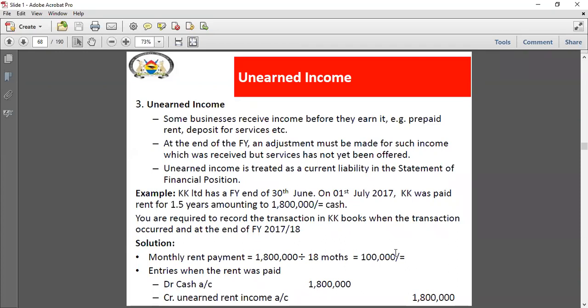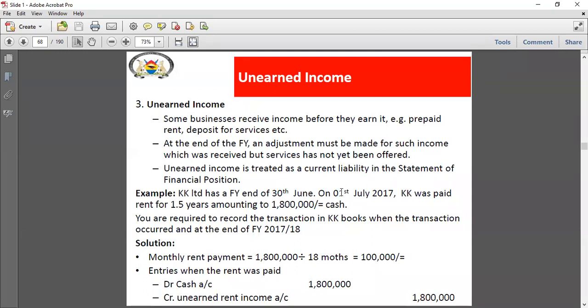So ideally, it means that every month we pay 100,000. So the question is asking us to record when the transaction actually occurred. So remember, KK Limited's financial year ends on 30th June.